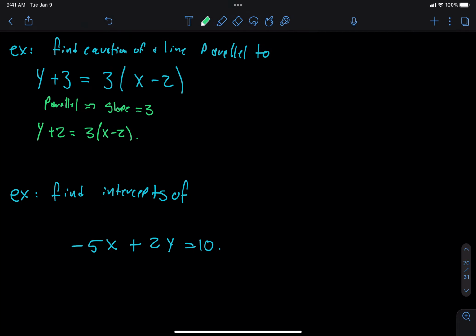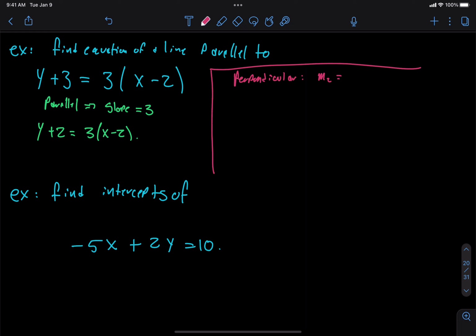What if we did a perpendicular one? Let's also do a perpendicular. What would we want the slope to be of a perpendicular line? We would want m2 to be negative 1/3.